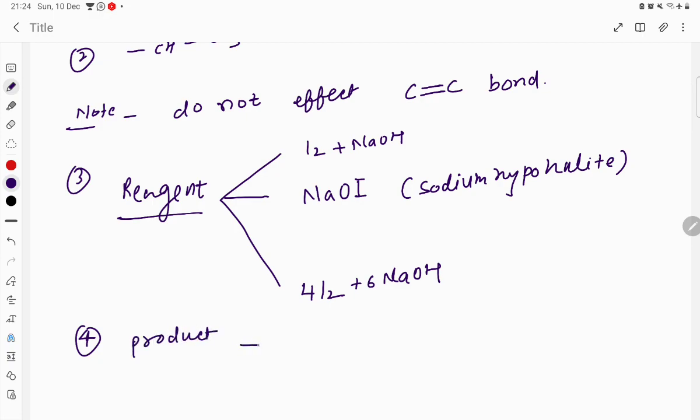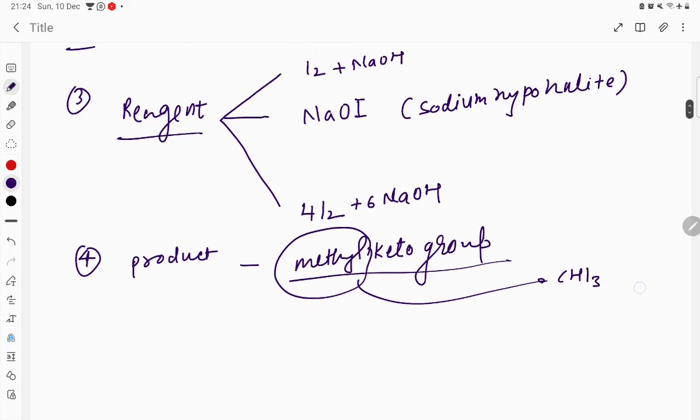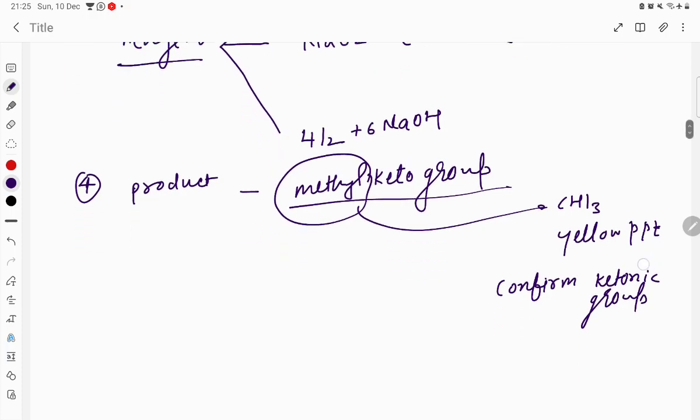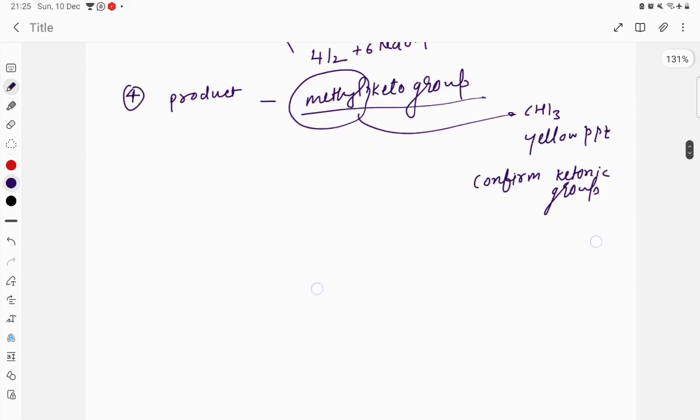In the methyl keto group, the methyl will be converted into CHI3, and CHI3 is the yellow precipitate. It confirms the ketonic group, that is, it confirms the methyl keto group. Now let us try to solve the problem.